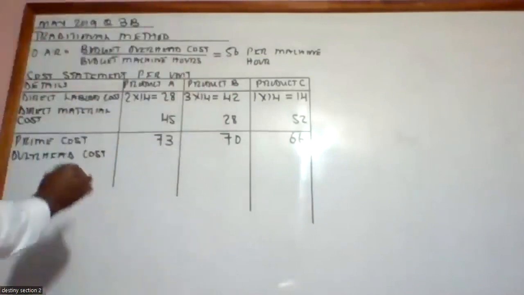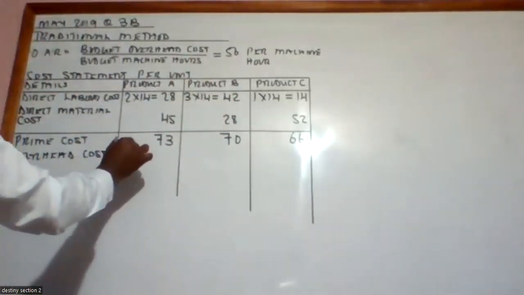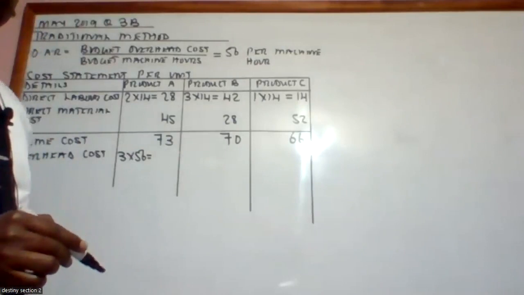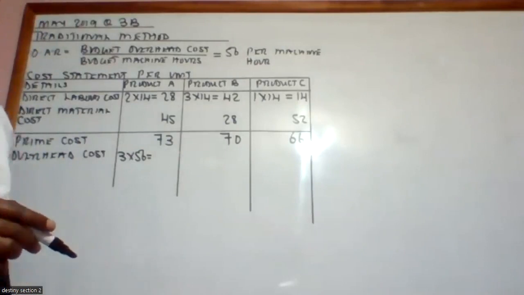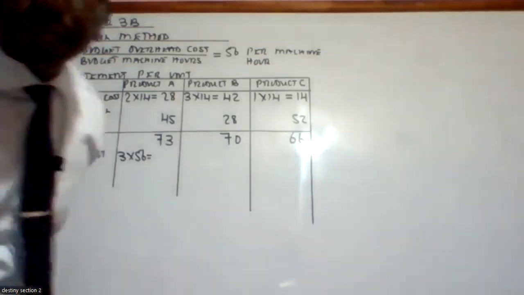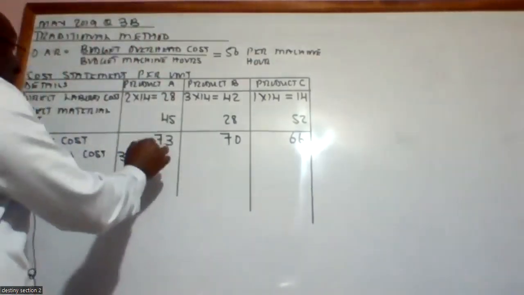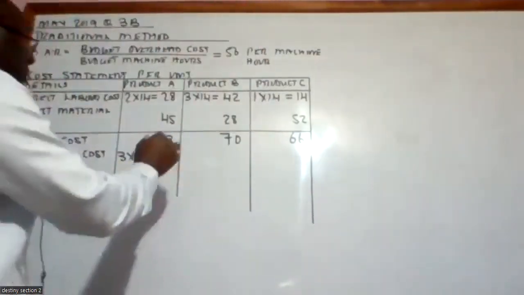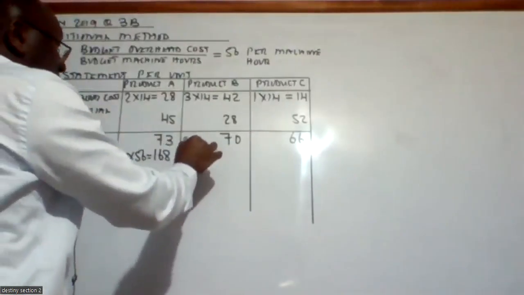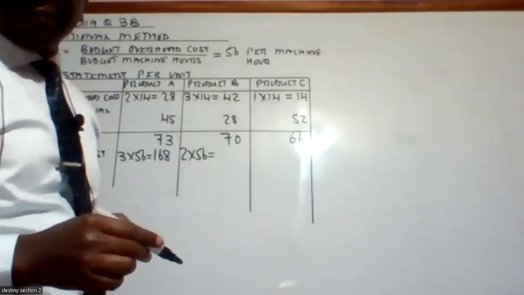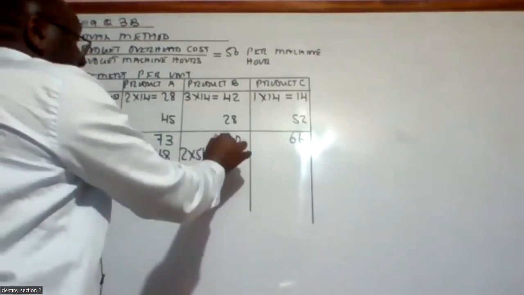A has 3 machine hours, so 3 times 56. 3 times 56 is what? 168. This other one has 2, so 2 times 56. 2 times 56 is what? 112.